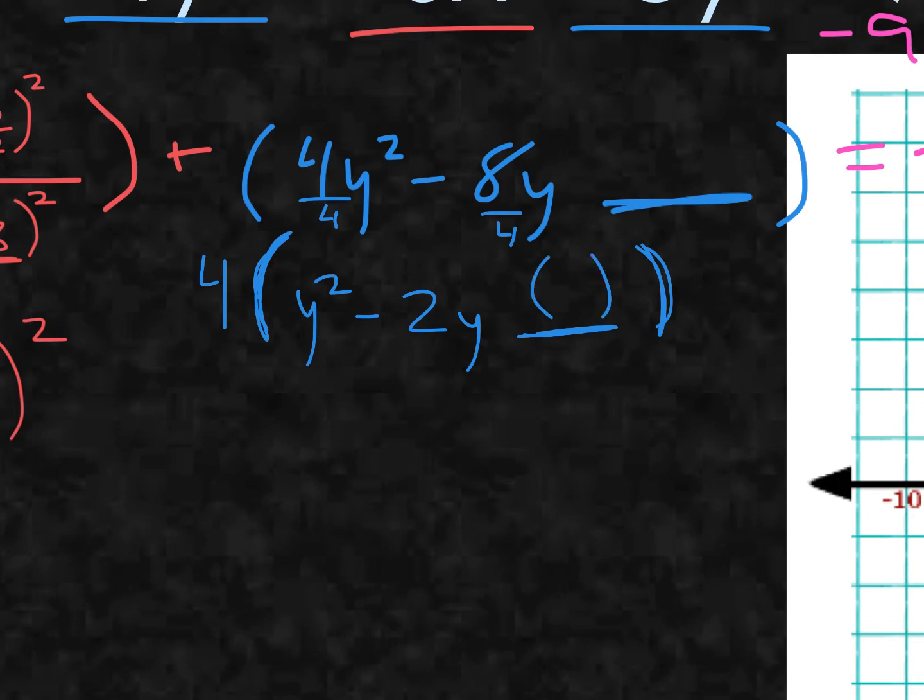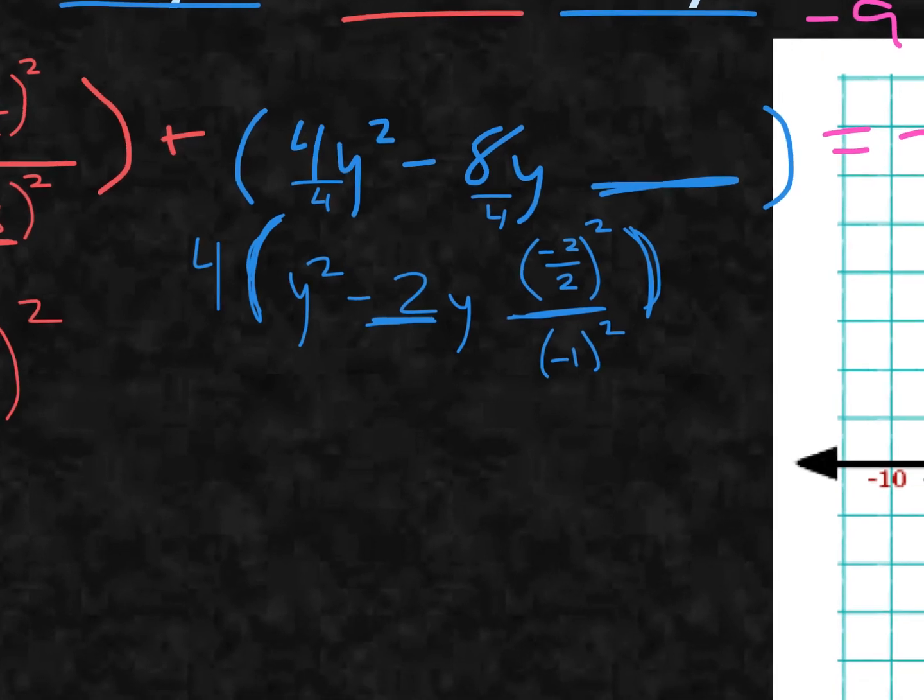So in this spot, I have b over 2 squared. What's my b? Negative 2. The middle number is your b. So negative 2 divided by 2 is negative 1. What's negative 1 squared? 1.